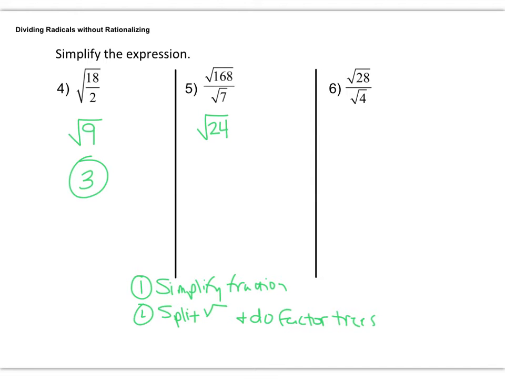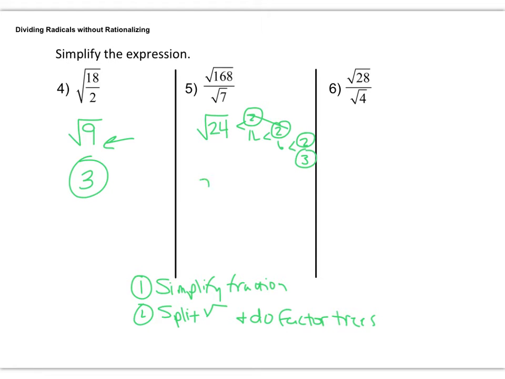So we don't want to get rid of it unless we use it. Using the radical means it's either a perfect square, like I used it on the last problem, I used it on the 9 to make it 3, so I used it and it's gone. This one I'm going to use by doing a factor tree, which is 2 and 12, 2 and 6, 2 and 3.